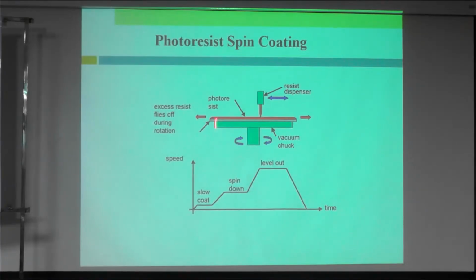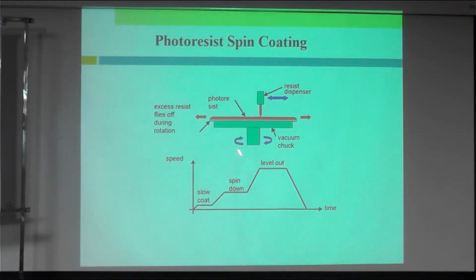So this is a typical spin coating process, where normally we go through a slow coating at slow RPM, then we increase the speed a little bit. Each step has its own purpose. First is to spread the photoresist on the surface. Then this is just to stabilize a little bit.